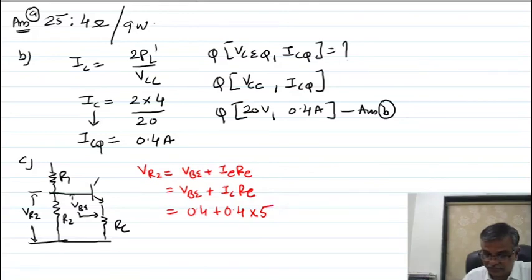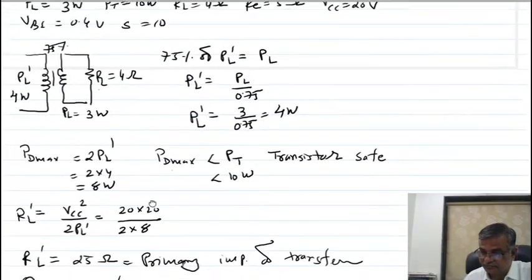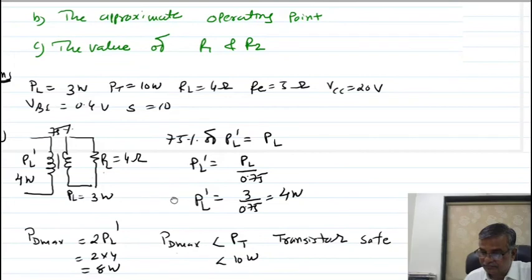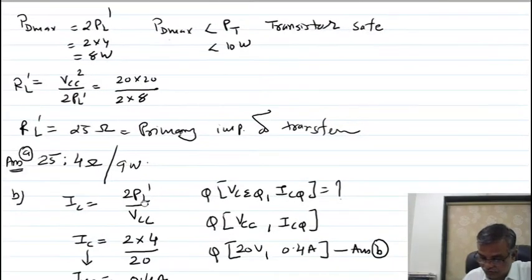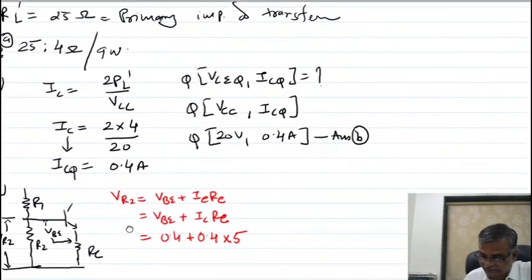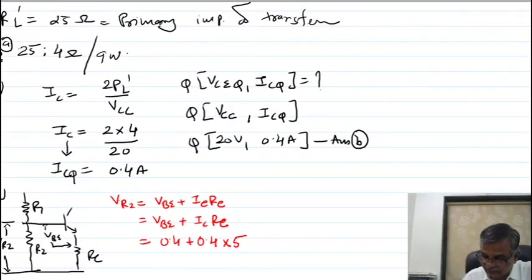Check here, they have given 5 ohm. So I can write VR2 is equal to 2.4 volt, and you know this is VCC.